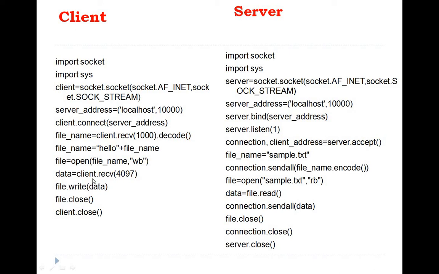The second transmission will be the content. While the server is sending the entire data, I am receiving it with a buffer size of 4097. I'm getting that information in data and writing the entire content into the file. Then at last I'm closing the file and the client connection also.